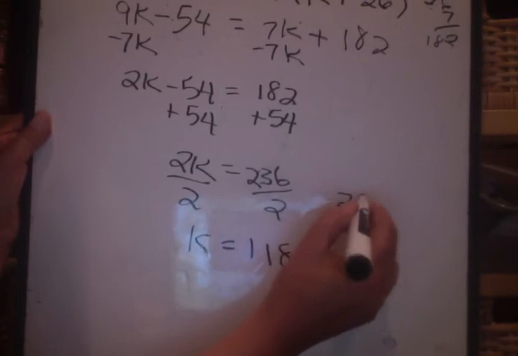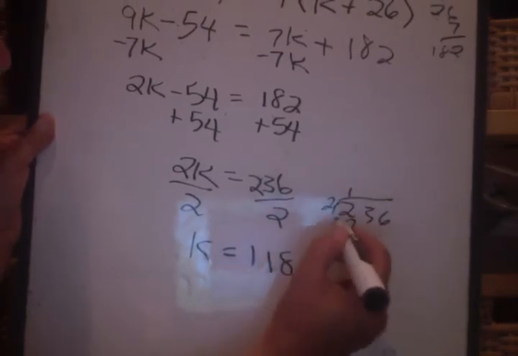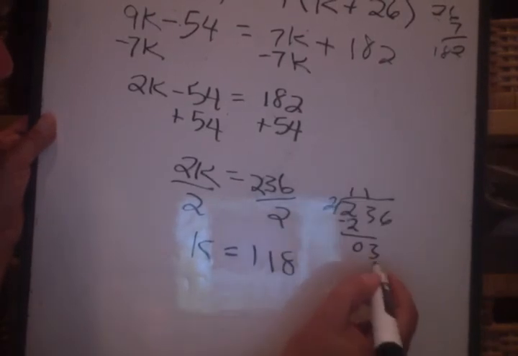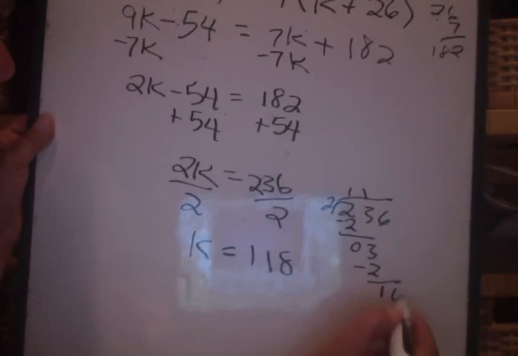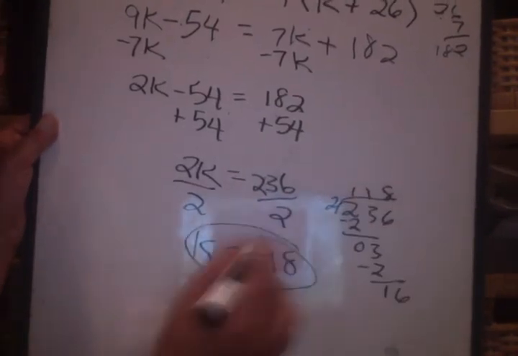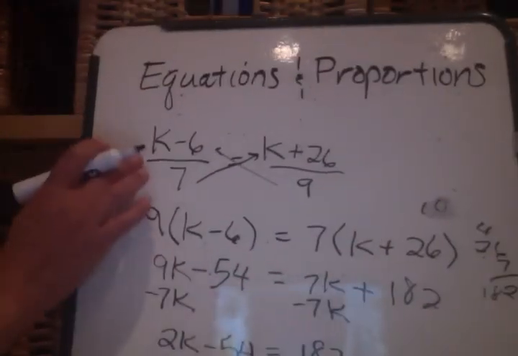So 236 divided by 2 is 118. Okay, so my answer is k equals 118.